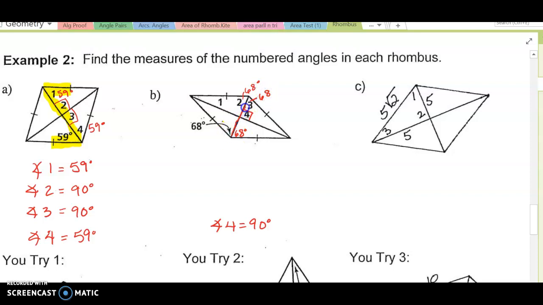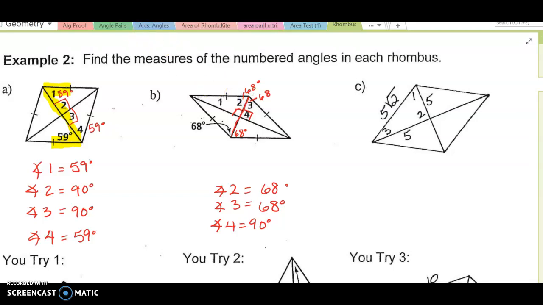That diagonal is cutting all four of those angles into equal pieces. So 2 and 3 are both 68, which leaves me with angle 1.